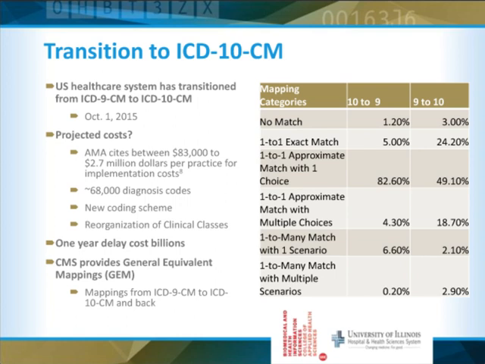When you look forward, you have 49% going to 10 with one choice, and about 24% with an exact match. Again, 75% going forward of 1-to-1 exact matches with only one choice.